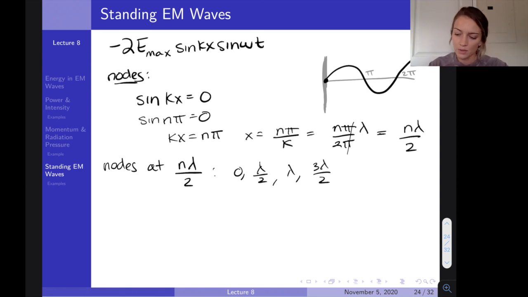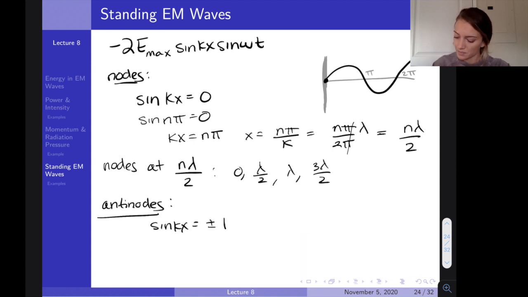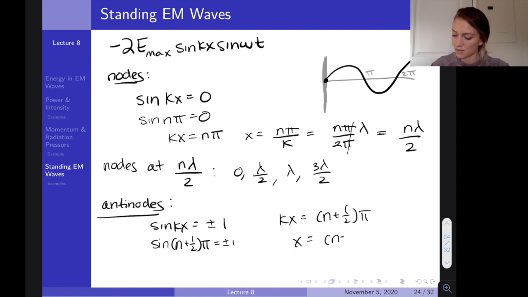And now what about the antinodes? Well, the antinodes will be when sine kx is equal to plus or minus 1. And that happens at n plus 1/2 values of pi. So we have kx is equal to n plus 1/2 times pi, which gives us x is equal to n plus 1/2 pi over 2 pi over lambda.